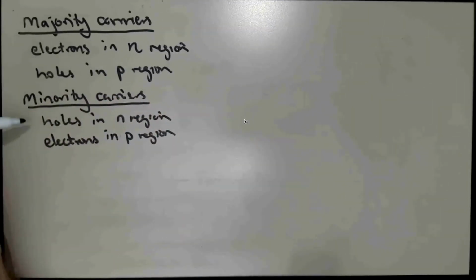So there are not 0 holes in the N region, and there are not 0 electrons in the P region. It turns out that there are many fewer holes in the N region than there are electrons, and certainly there are also many fewer holes in the N region than there would be in the intrinsic case, but they're not 0.